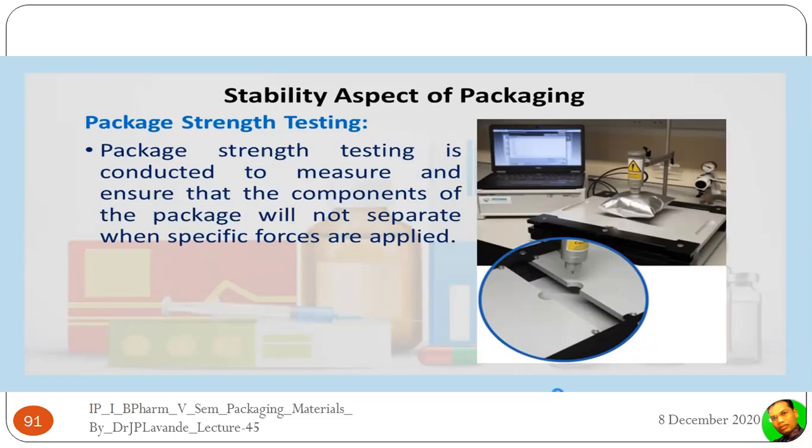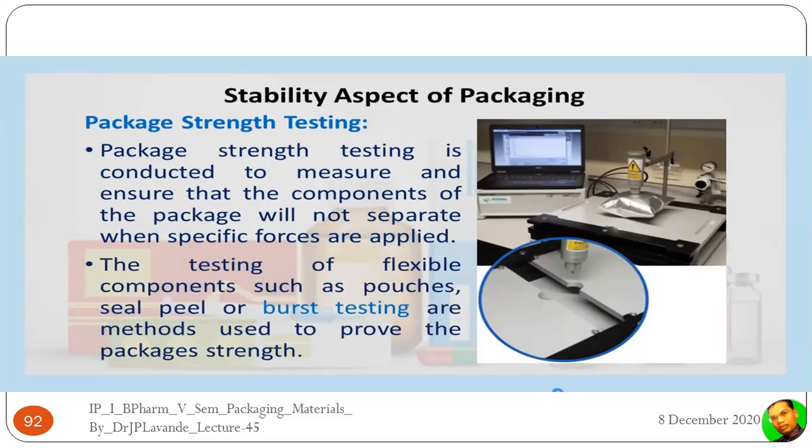Package strength testing is conducted to measure and ensure that the components of the package will not separate when specific forces are applied, because there is air inside, and if it is a pouch-like packaging, then it should bear sufficient mechanical force so that the package does not get torn or break, so that its qualities do not get affected.